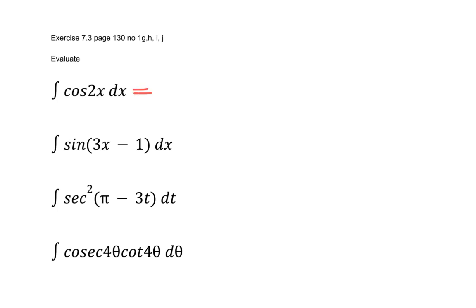You have to determine the integral of cos of a specific angle with respect to x. Now the integral of cos of 2x from the table is sine of that angle plus c. Now we are almost there.